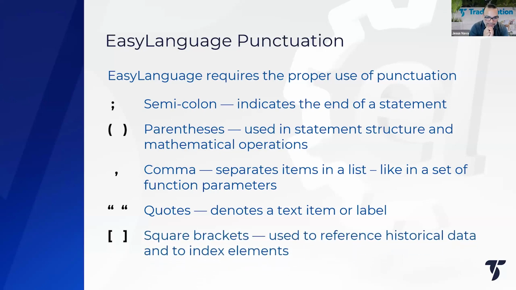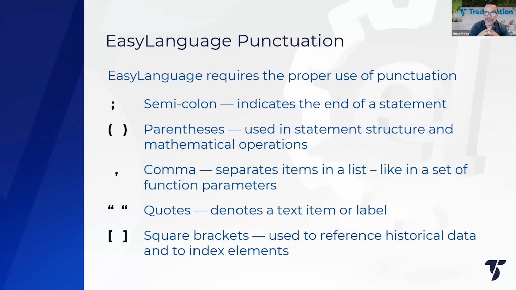And last, square brackets. Square brackets, as opposed to squiggly or French brackets, allow you to do a historical reference. These are great if you want to know what the value of your variable is so many bars ago.